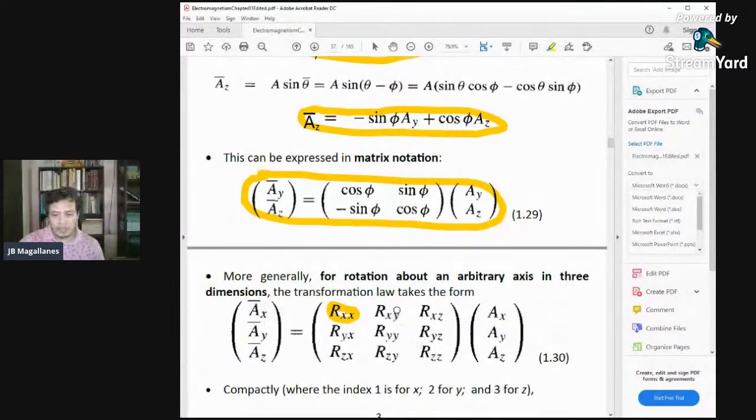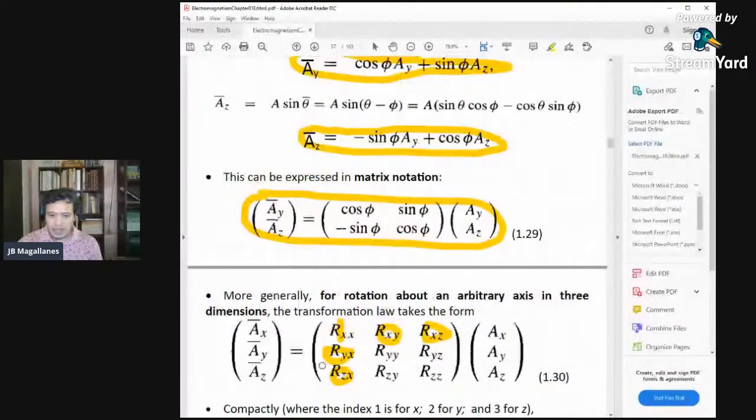This one would be 0. This is 0. This is 0. This is 1. This is 1. This is 1. This is 0. This is 0. And this is also 0. This is also 0.